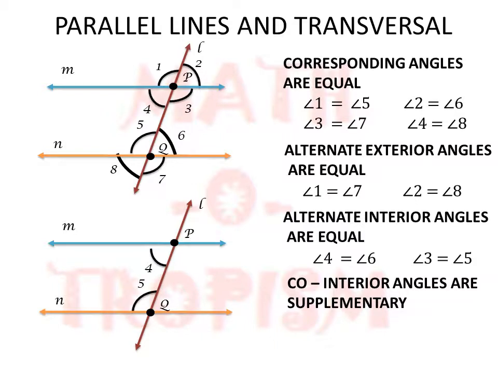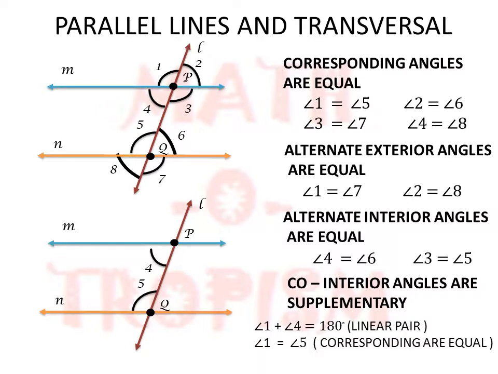How? Let us assume angle 1 and angle 4. Angle 1 and angle 4 form a linear pair. That means both of them lie on a straight line. So when we add both of them, it will come as 180. But we already know that angle 1 and angle 5 are equal because both are corresponding angles.